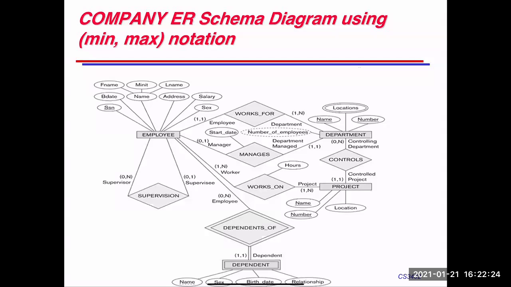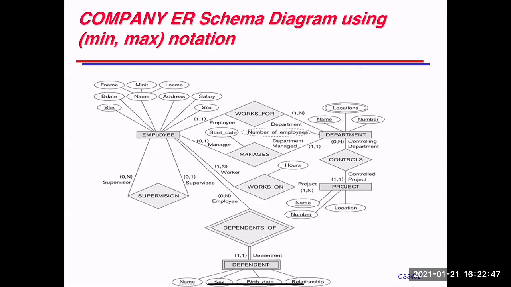Let me just check. There was a question in the chat. So the double line for dependent, you still need that around the diamond, because you want to emphasize that this is the identifying relationship.